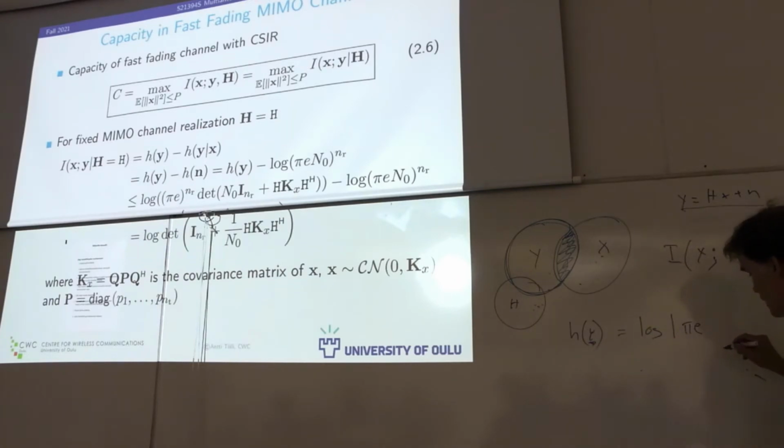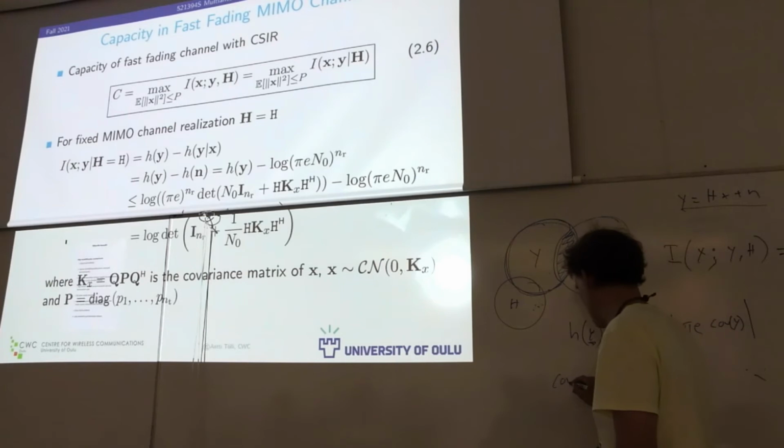It's something that we covered in Communication 2: the log determinant of the covariance of y. What is the covariance of y? Simply the expectation of y y Hermitian.